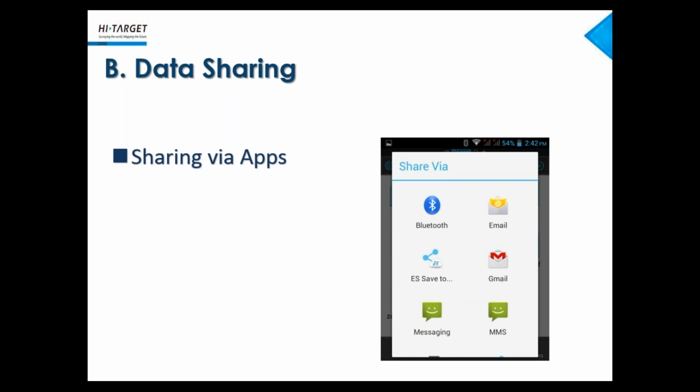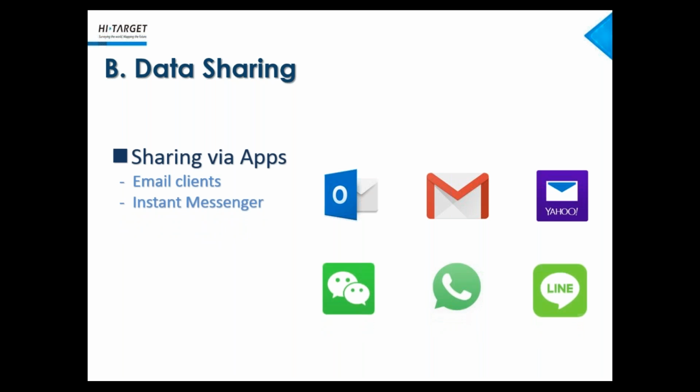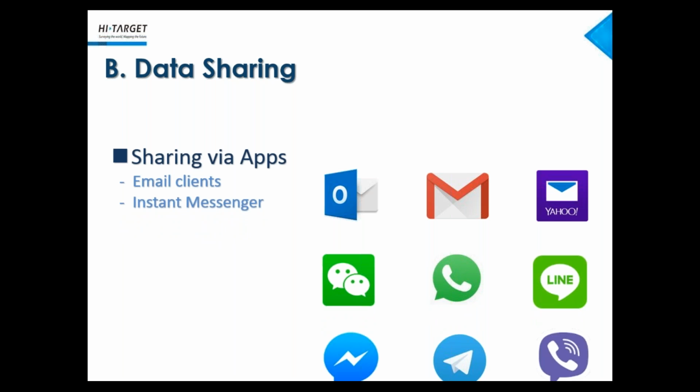Then we can share via different apps. We can share via email clients like Outlook, Gmail, or Yahoo, or something else. Or you can share by instant messenger, because different users have different messengers, so they can use different things. It's highly user-friendly and user-defined.